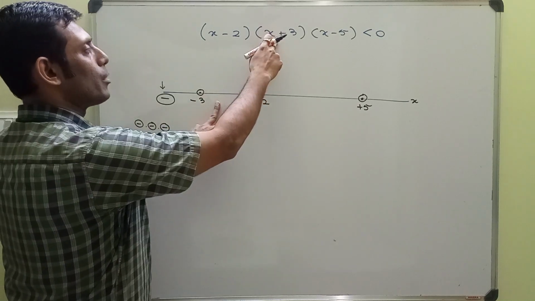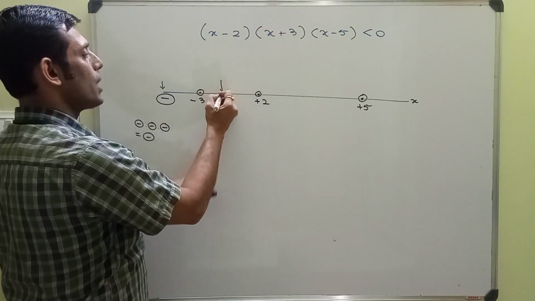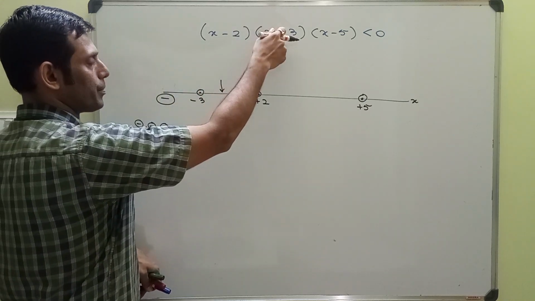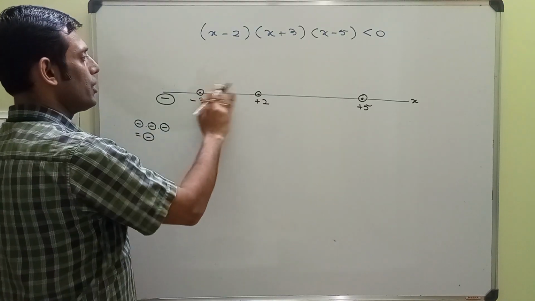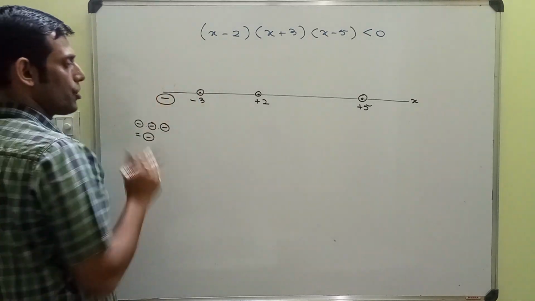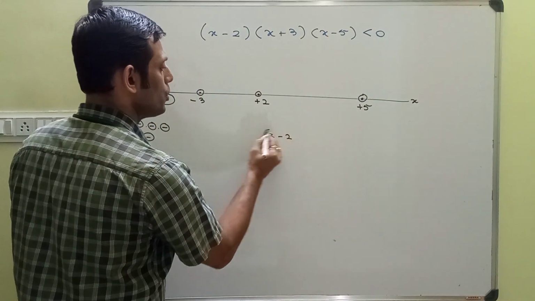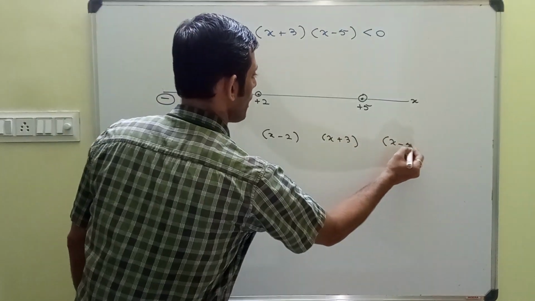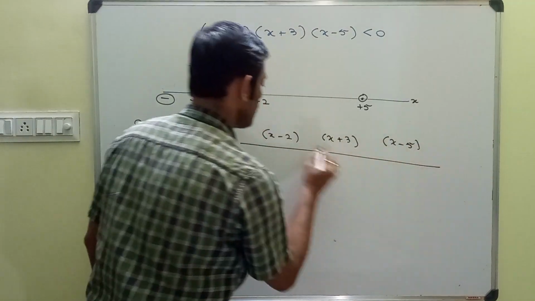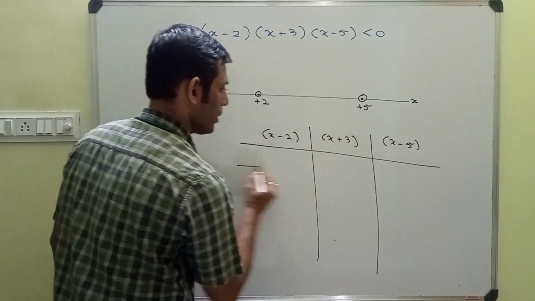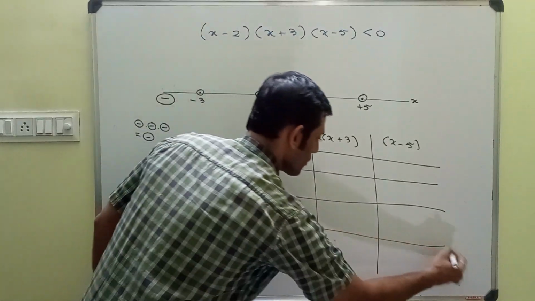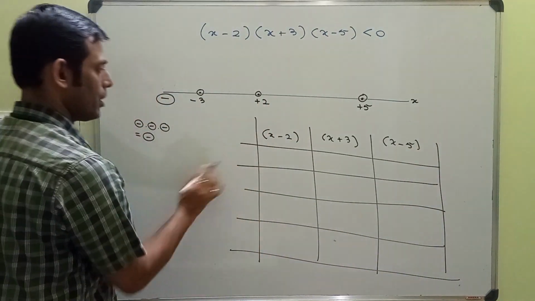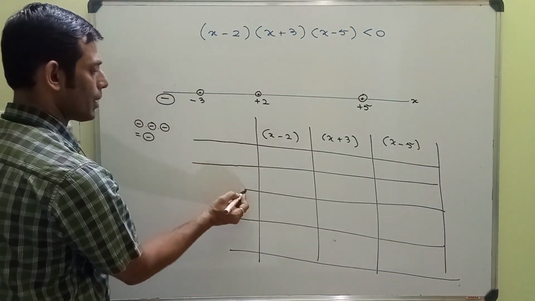I have made this factor positive. My x now stands here and I am to the right of minus 3. That means this factor is positive. Let me make a table for you, for your simplicity. Just a moment. x minus 2, x plus 3, x minus 5, and let's make a table of the polarities as they exist region wise.